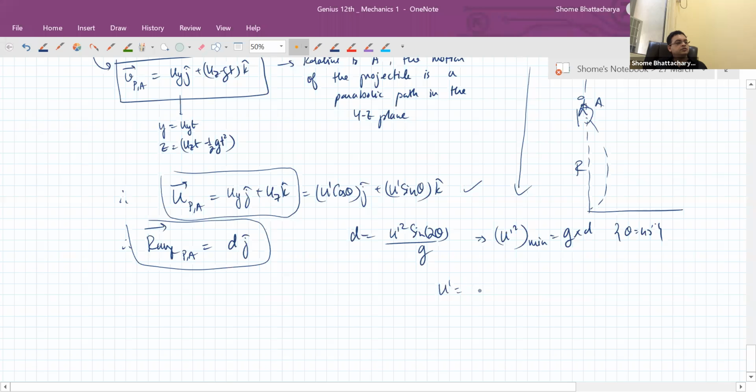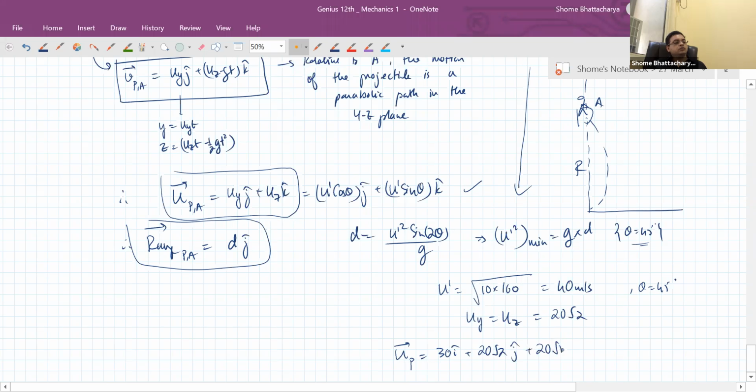this u prime we just saw is square root of 10 into 160, or 40 meters per second, and this theta was 45. So uy is equal to uz is equal to 20 root 2. So u, the initial velocity of the projectile, becomes v naught i cap, which was 30 i cap, plus 20 root 2 j cap, plus 20 root 2 k cap.